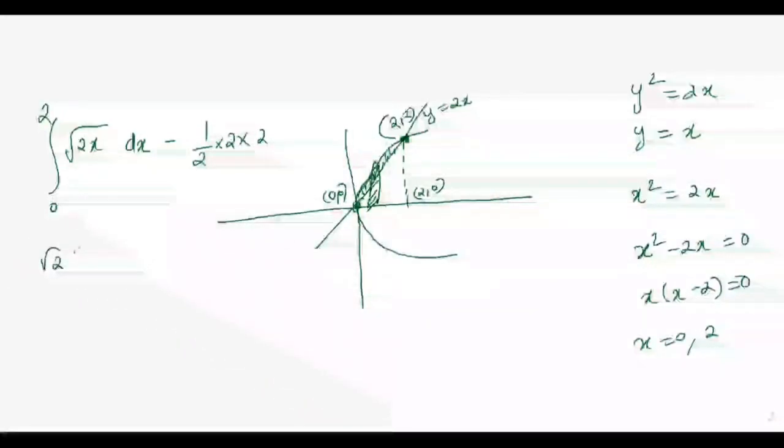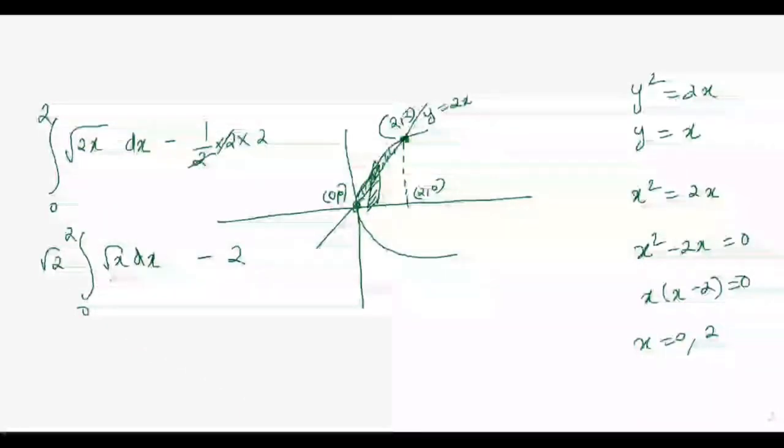So that is root 2, then integral 0 to 2 root x dx. So this 2 and 2 will go, minus 2. So what is the integral of root x? Root x means x raised to 1 by 2.